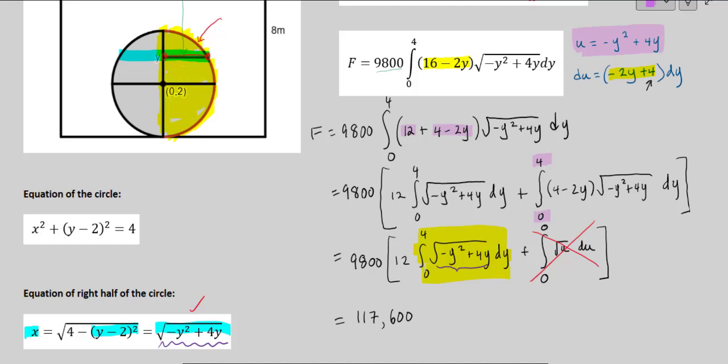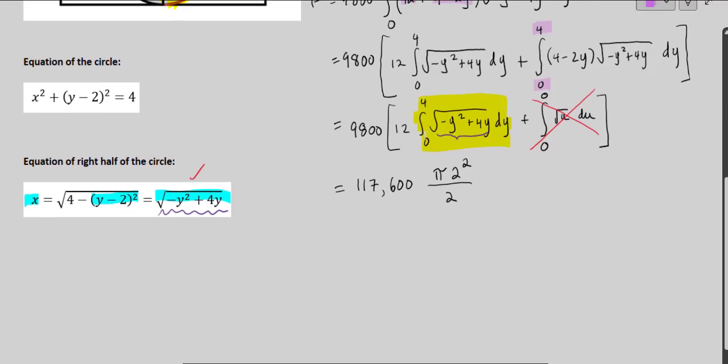And 0 to 4 is that entire diameter there, so that integral is representing half the area of a circle of radius 2. So a circle of radius 2 is pi times the radius squared, and then to get half of that, we will divide by 2.